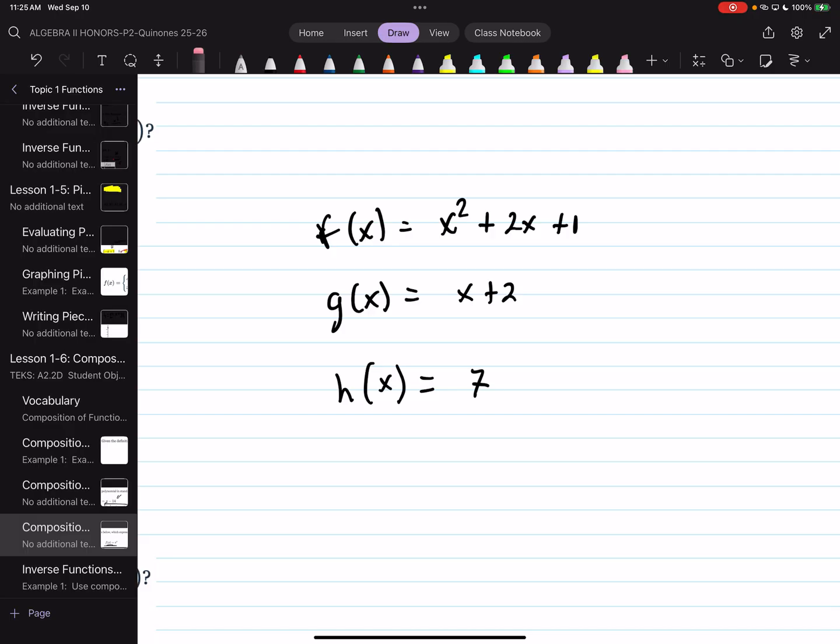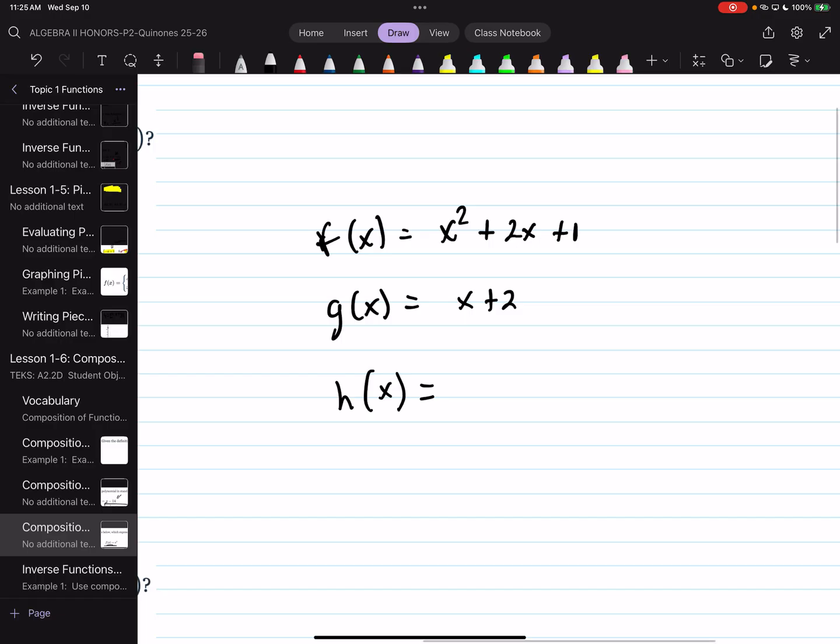Or, nah, too easy. Let's do negative x plus 1. This can be simplified if I were to ask you to do that. And I just made that up on the spot. It could have been anything.